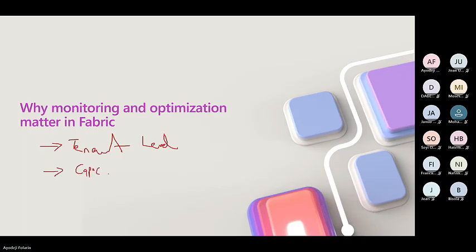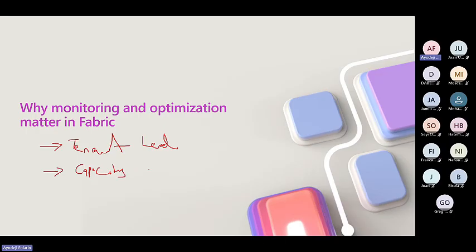Number three, your monitoring and optimization can come at the workspace level. And finally, it can come at individual item, those items you work on. So you can do monitoring at individual item level. So all the monitoring can be done along this area.